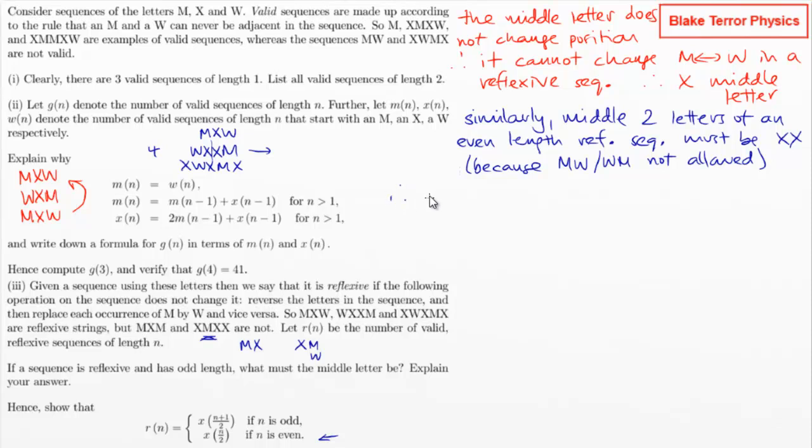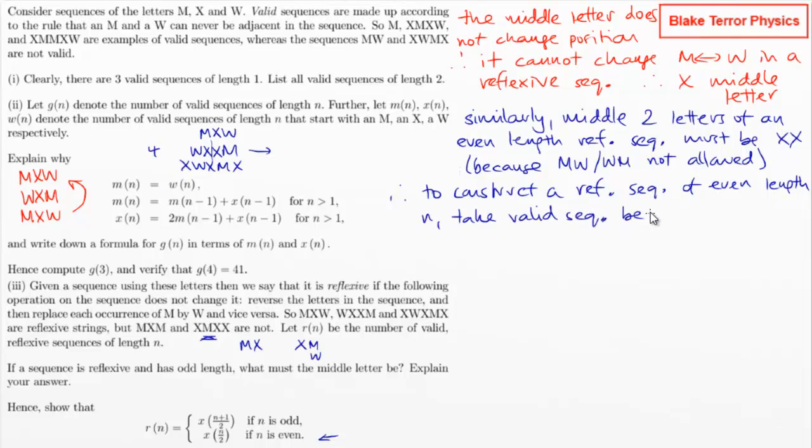sequence then. Therefore, to construct a reflexive sequence of even length n, you take a valid sequence beginning with X, because we're always going to need that for the second half of our sequence, beginning with X and length n over 2.